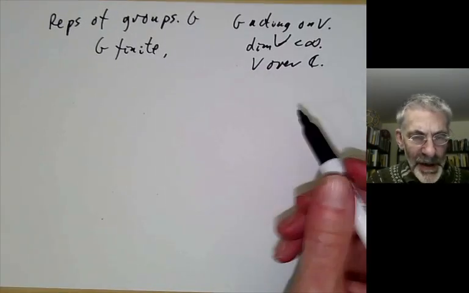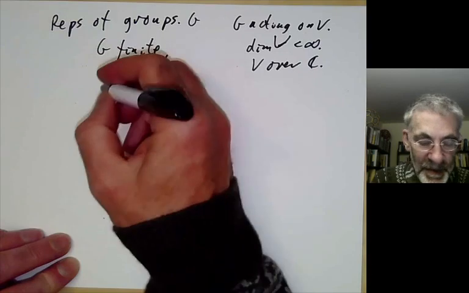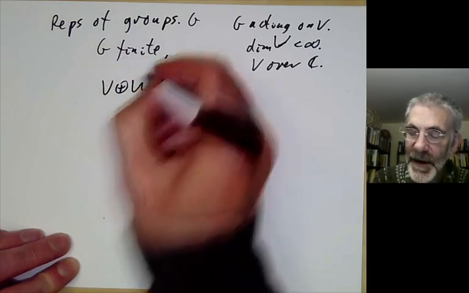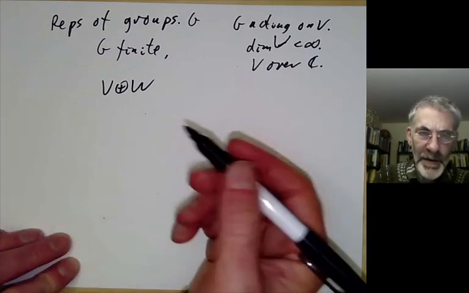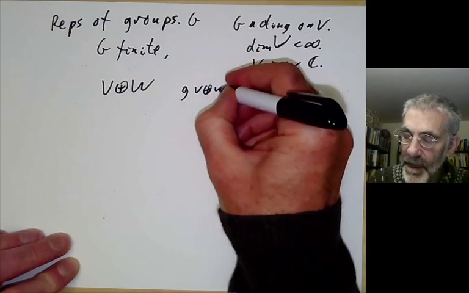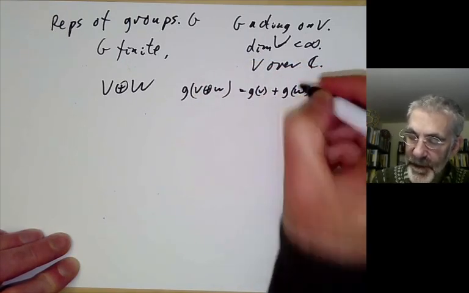You can do it more generally, but you get some extra complications. And now, if we've got two vector spaces acted on by G, we can take their direct sum. And this is acted on by G in a pretty obvious way. We just say g(v plus w) is equal to g(v) plus g(w).